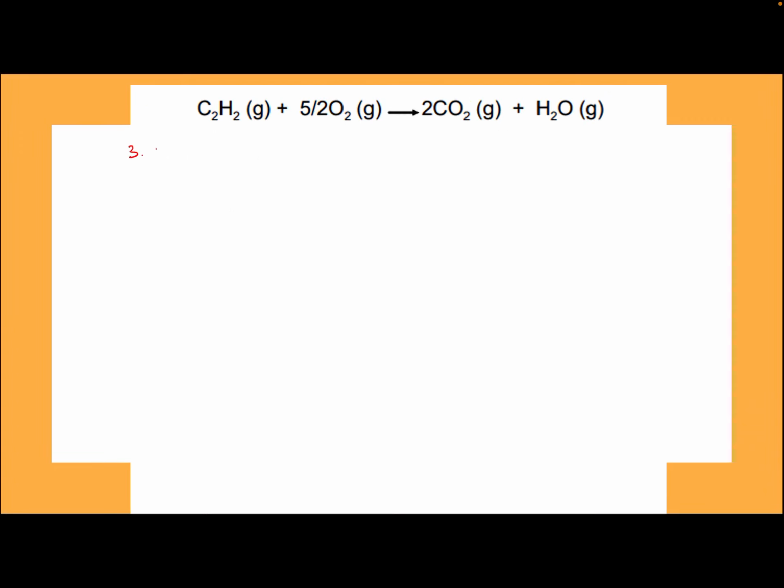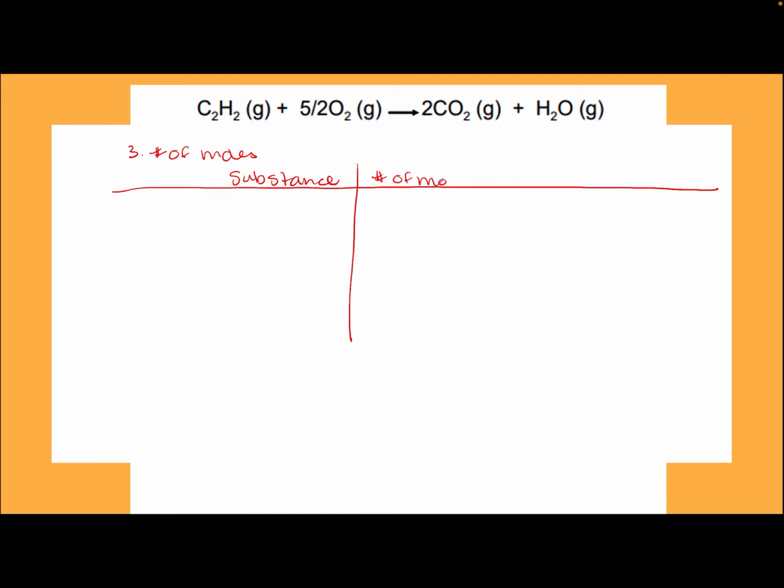Now, step 3, number of moles. So, you can do this by drawing out a table if you like. So saying substance, number of moles, amount of bonds, and then bond energy, and then you can have your reactants, and then products.